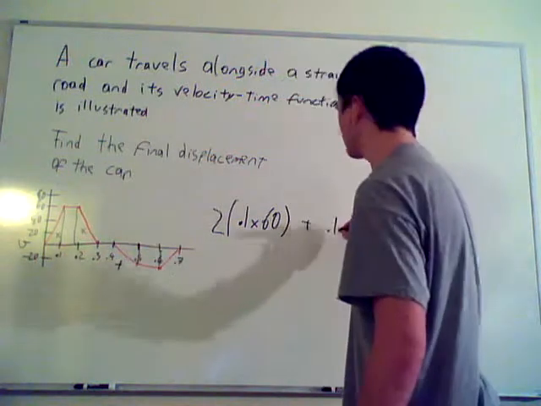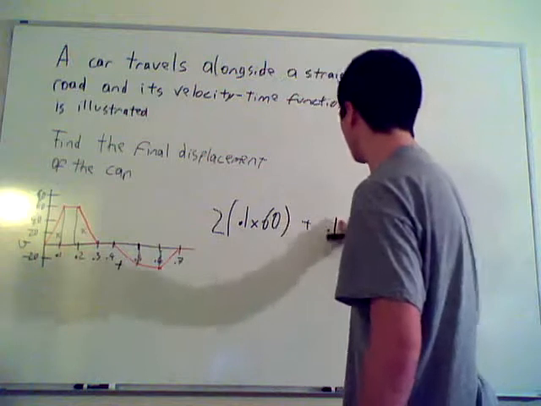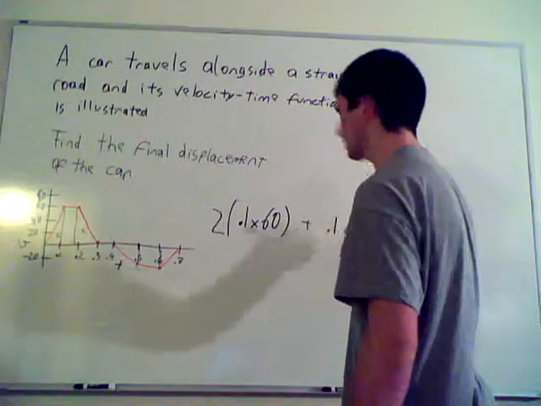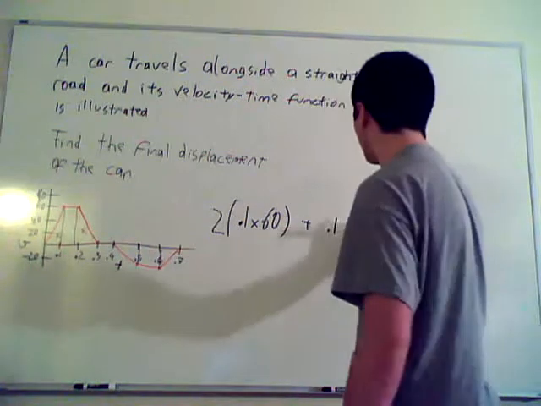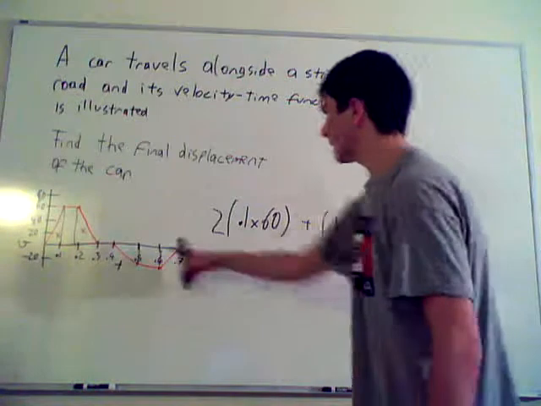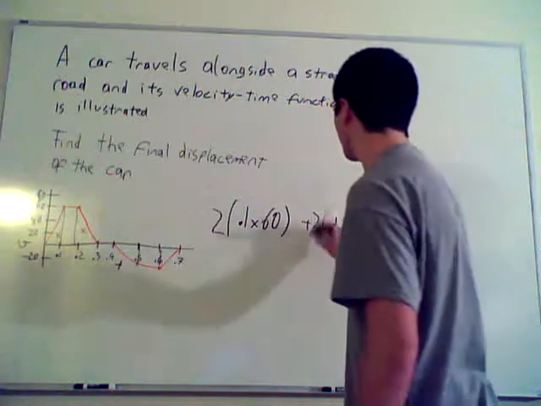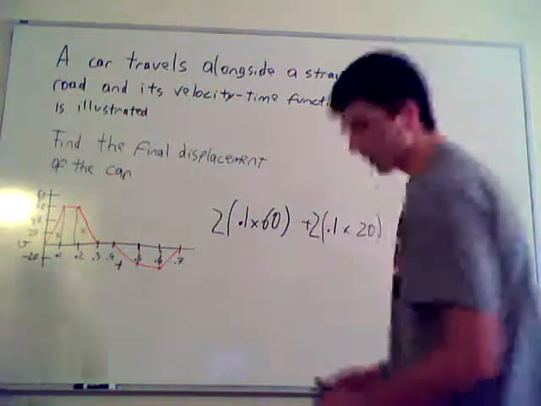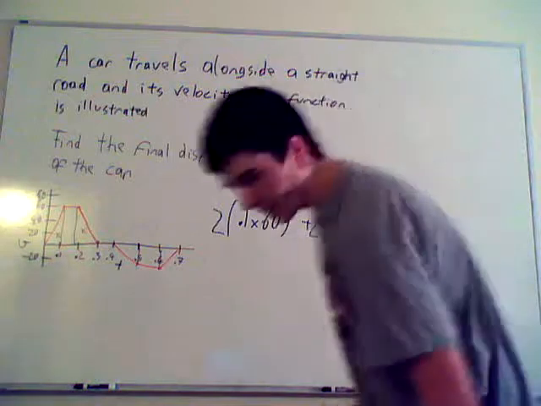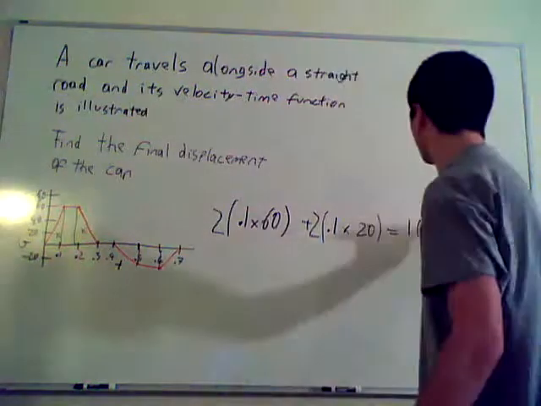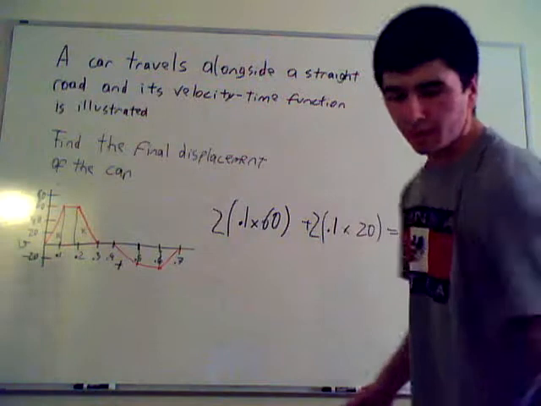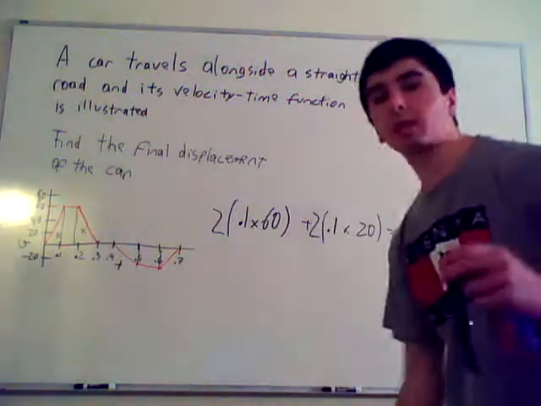They are 0.1 times 20, because the height is 20. And again, this thing is there twice because of the rectangle in the middle. So the answer ends up being 16.